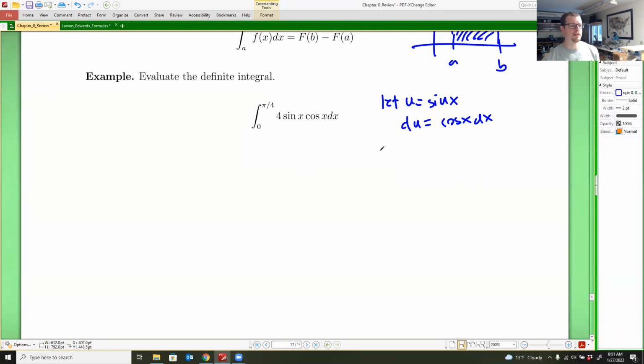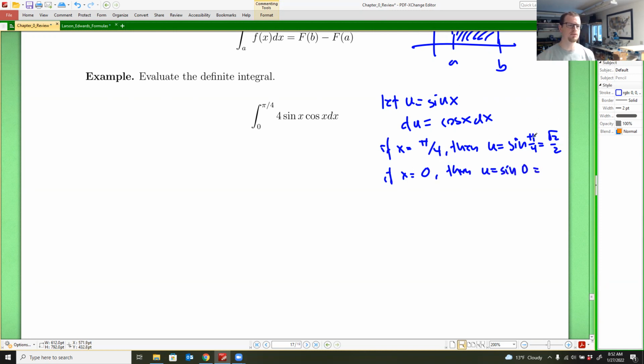So if x is equal to pi over 4, then plug pi over 4 in. u is equal to sine of pi over 4, which is square root 2 over 2. And if x is equal to 0, then u, which is the sine of 0, would be equal to 0, since sine is the opposite side at 0.